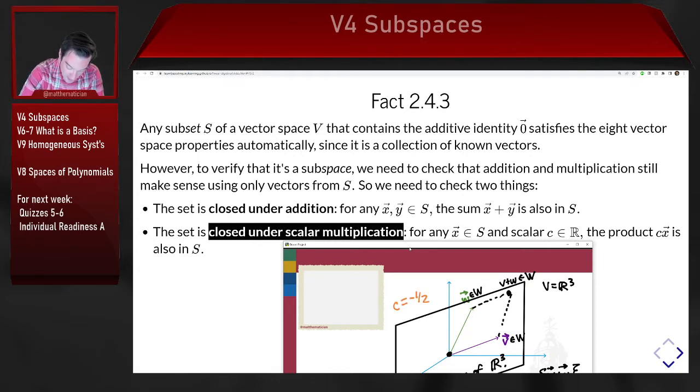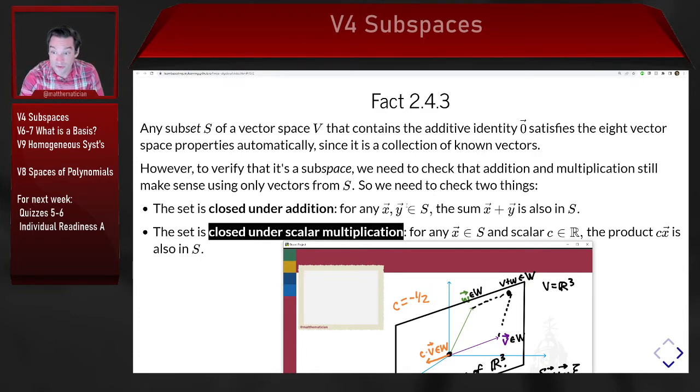I pick a real number, -1/2, I multiply v by that real number, and so here is c times v. And the statement here is that for any v that I could pick, and for any constant that I could pick, c times v is also an element of my set. So I can't leave my set by just multiplying elements of my set by scalars. If I do that, I'm always going to remain within my set.